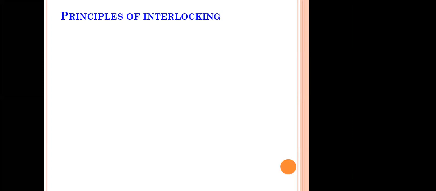Only four essentials or four rules control the signaling system across the globe in any country, including the metro technology, present high technology. The wonderful principles were drafted by the signal engineers maybe about 150 years back.